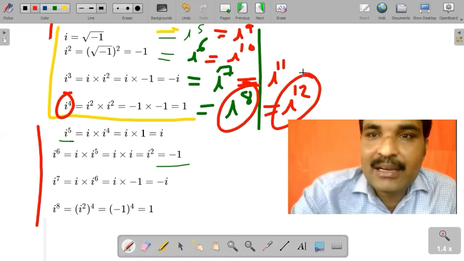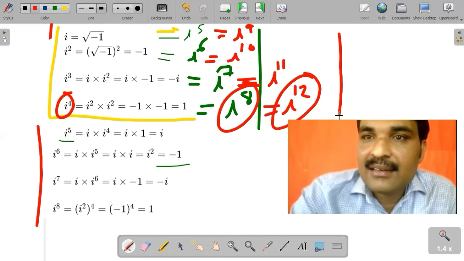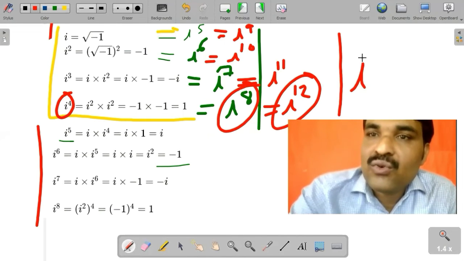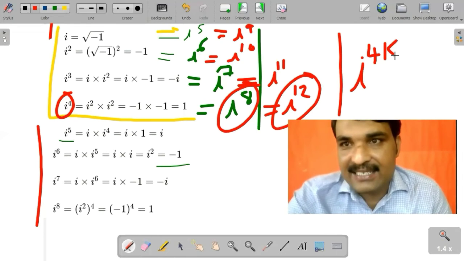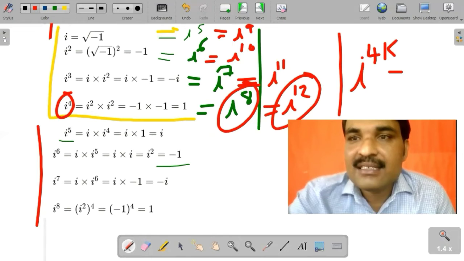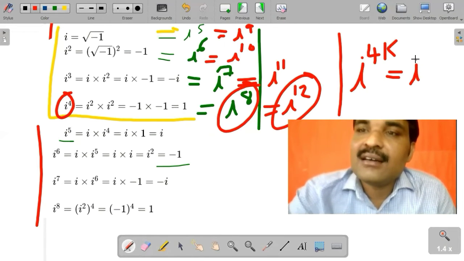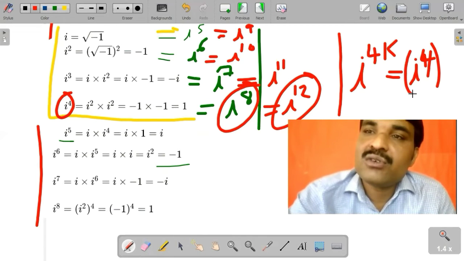That means in general, how can we write? Iota raised to 4k, where k is an integer. What is the value of this? This is equal to iota raised to 4 the whole raised to k.